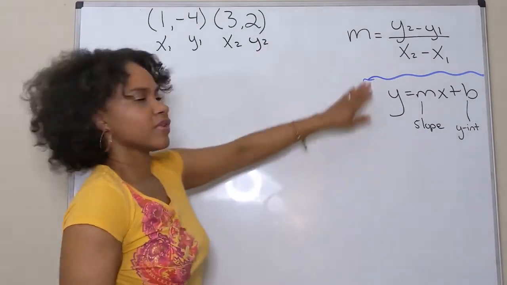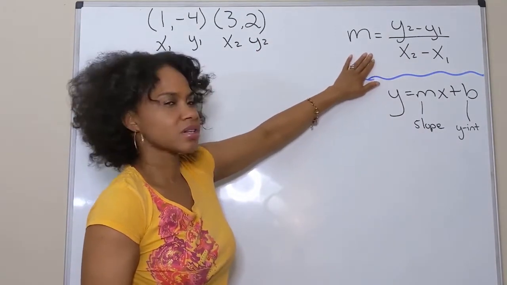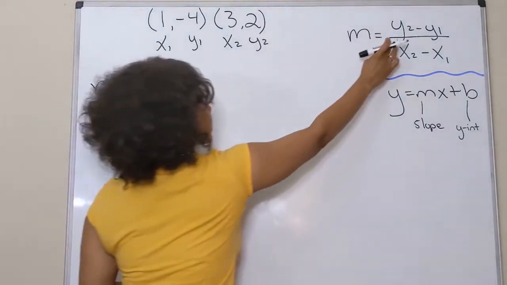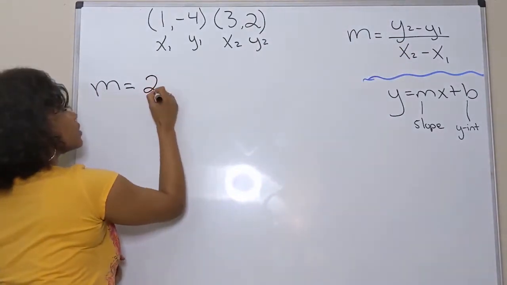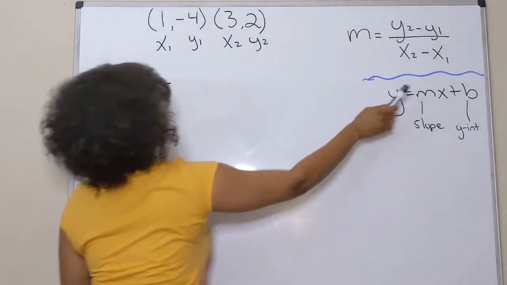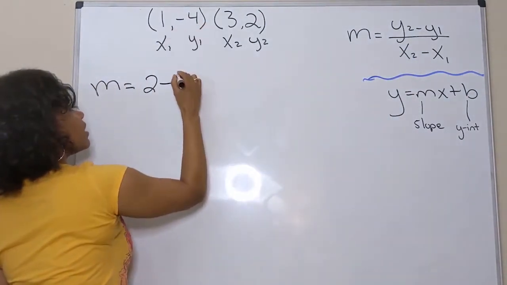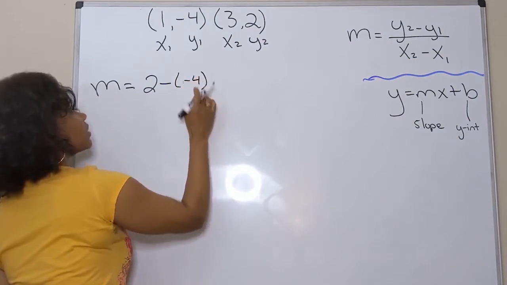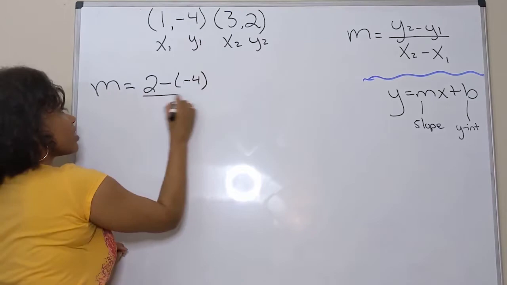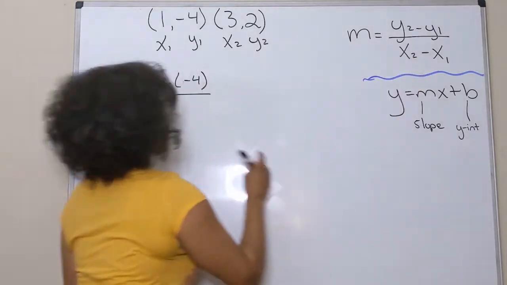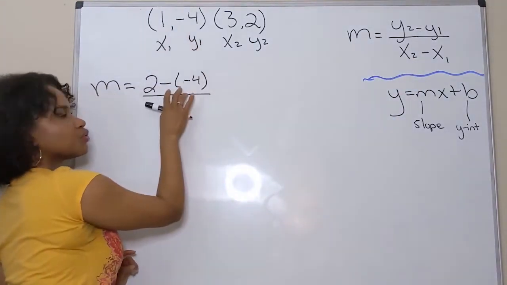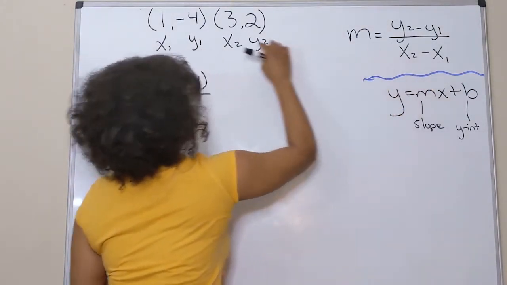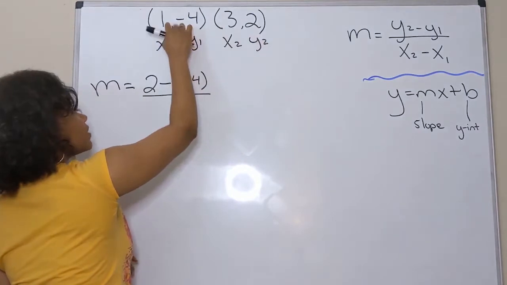And of course I need to find the slope first, so using the slope formula, m equals y sub 2, which is 2, minus, and I also have a negative 4 in my problem here, as a part of my ordered pair. So I have a double negative, minus in my formula, and a negative 4. So 2 minus negative 4. And then x2 minus x1 would be 3 minus 1.